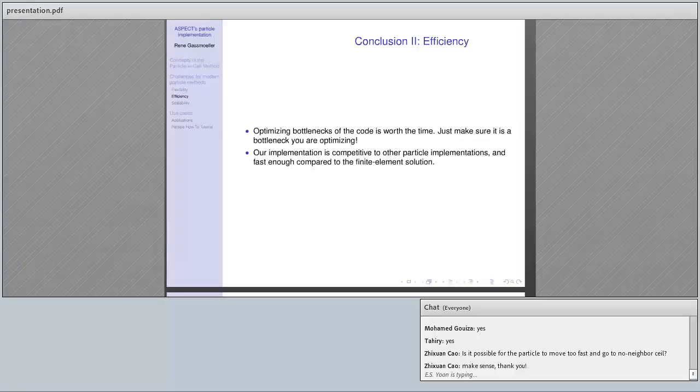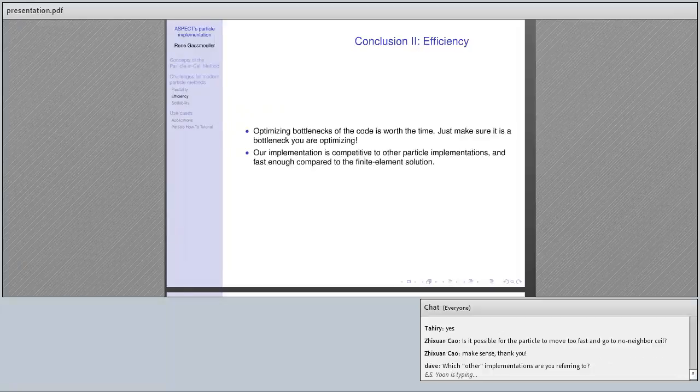And the current implementation is pretty competitive in time to other particle implementations and fast enough compared to the finite element solution that we have to take care about anyway. There's no point in making the particle part way faster than the finite element part.